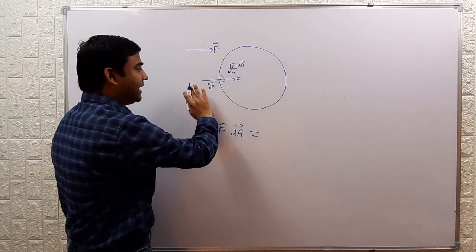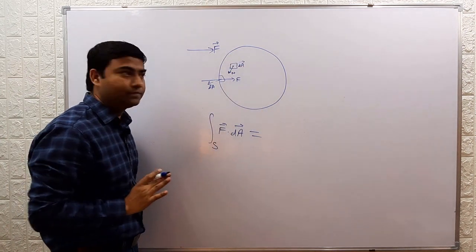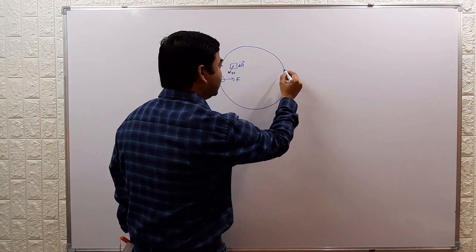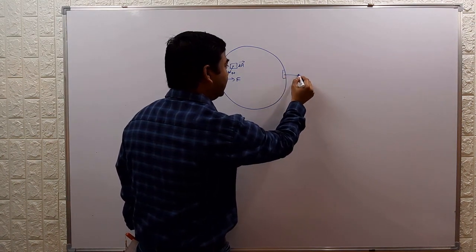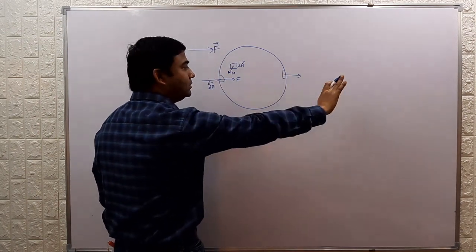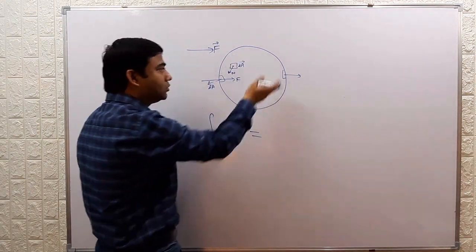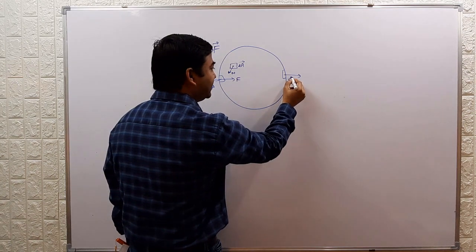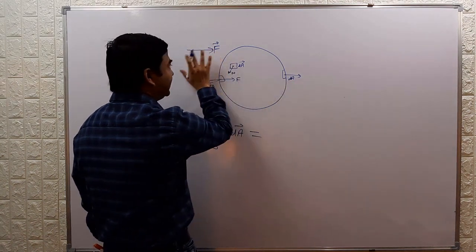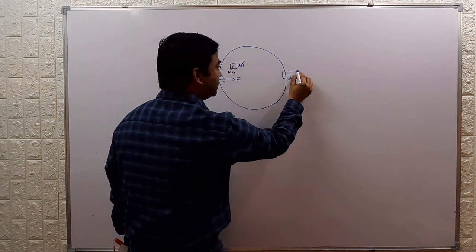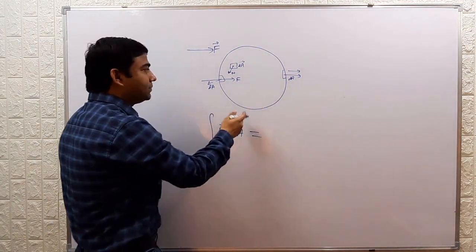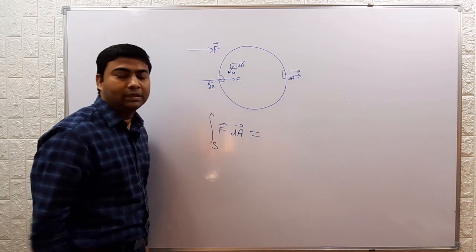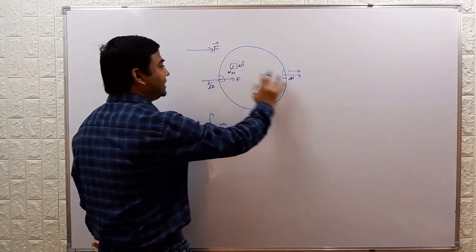For this region F dot dA will be negative. And in this area, let this be dA. Here the direction of dA will always be outward from this closed surface, and the direction of the field is also along the area vector. So in this region F dot dA will be positive because both vectors are in the same direction.